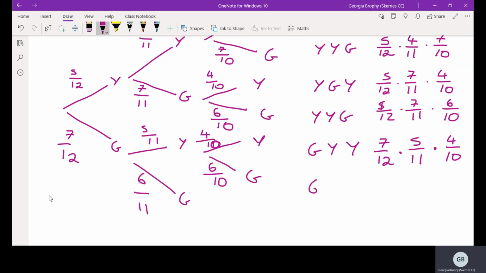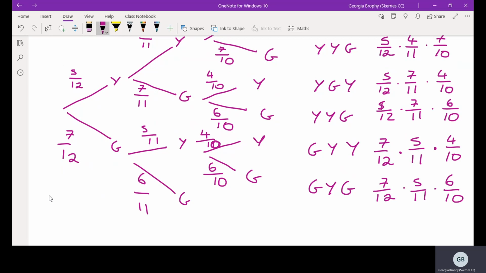So we went green, yellow, green. So the probability of choosing a green first was 7 over 12. Then choosing a yellow second was 5 over 11. And then going on to choose a green, well, there was 1 missing, so it was 6 over a total, which was 10. So I hope it's starting to make sense now.